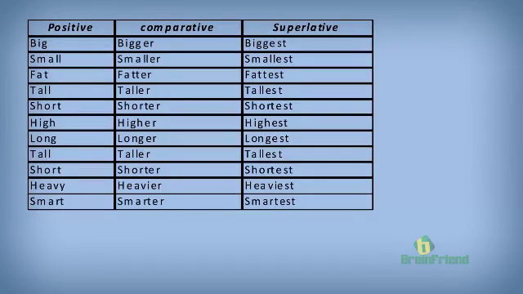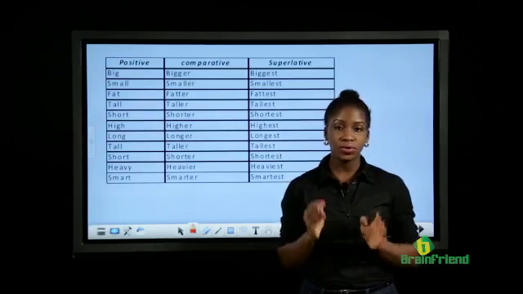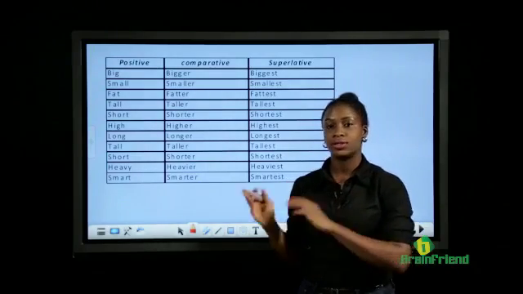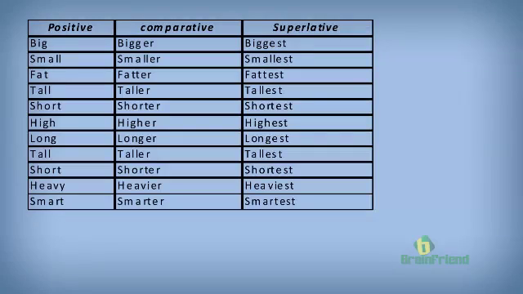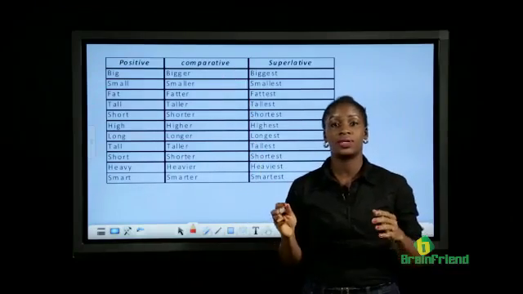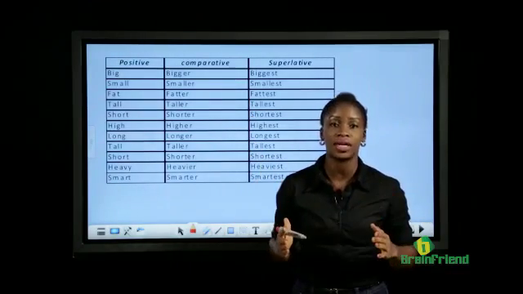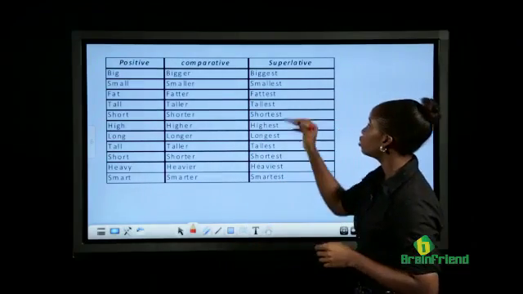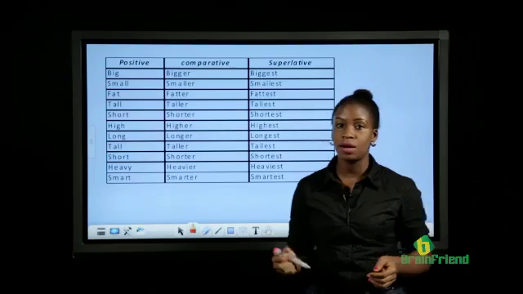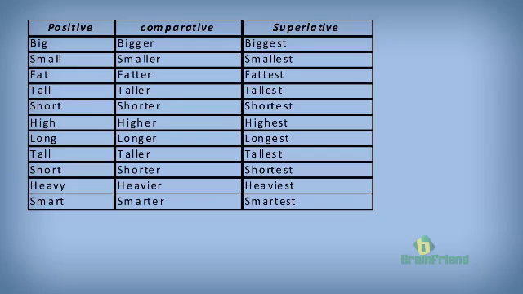While we use the superlative form when talking about 3 or more than 3, that is, when you have more than 2. Why? Because you cannot place them side by side. We use the comparative when you can place two things side by side and compare them. But if it's 3, you can't. Therefore, you use the superlative form. For example, you have 2 friends.